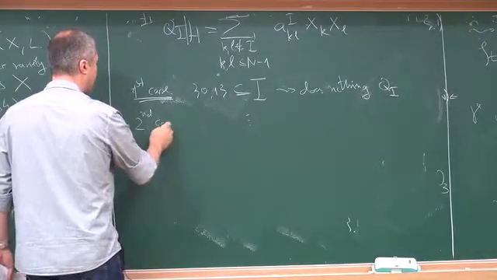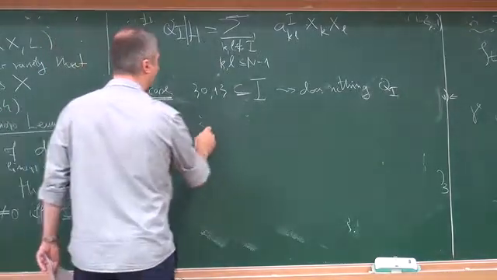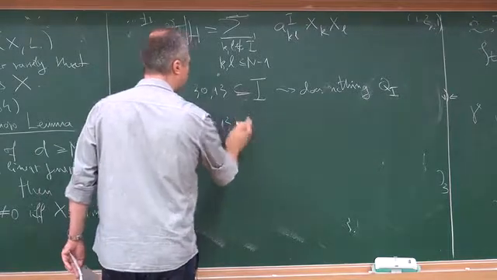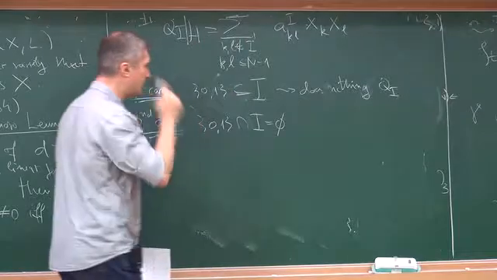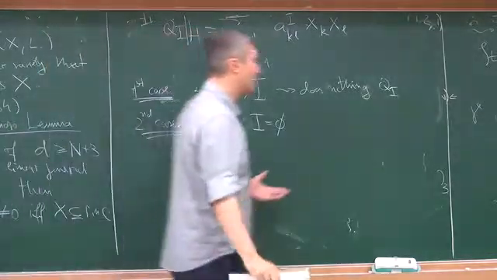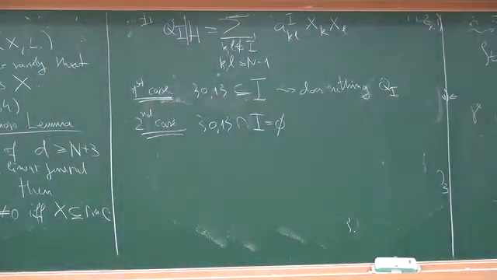The second case, if 0 and 1 are contained in the complement of I, then Q_I will depend on x0 and x1.